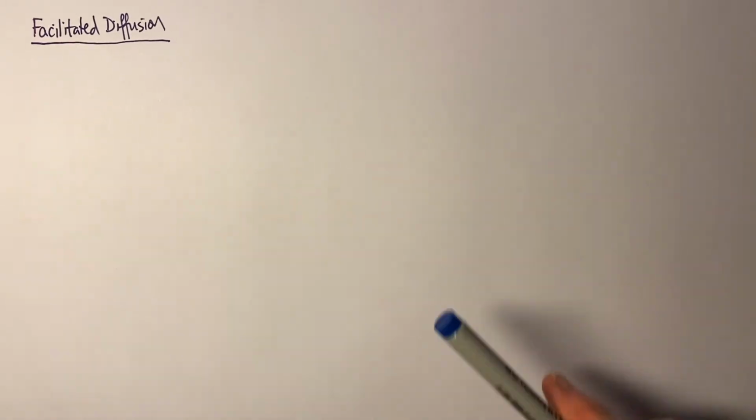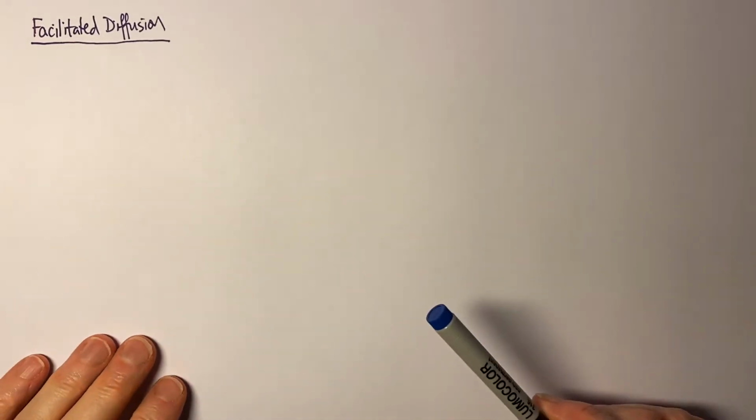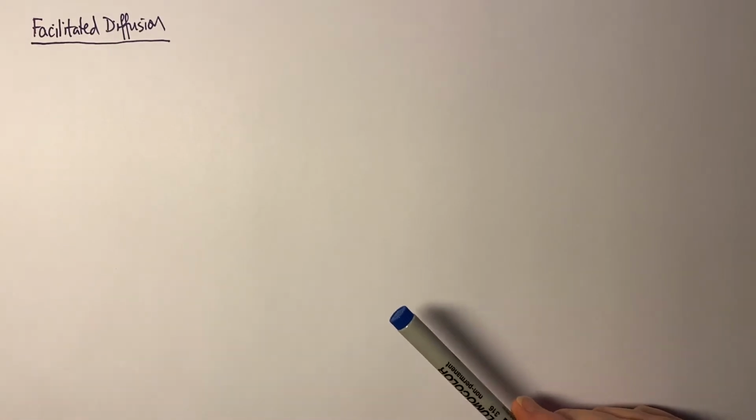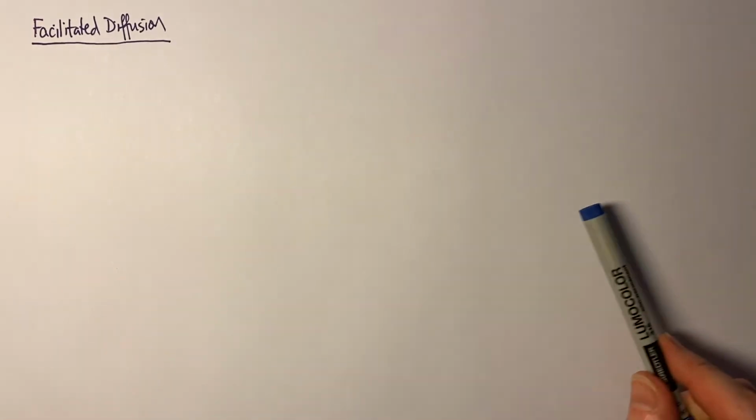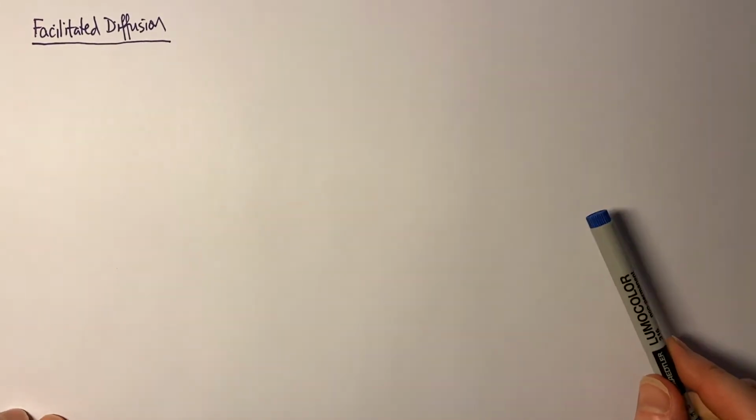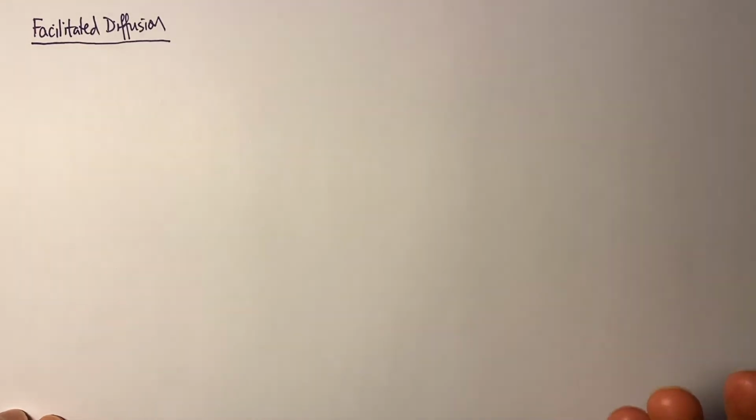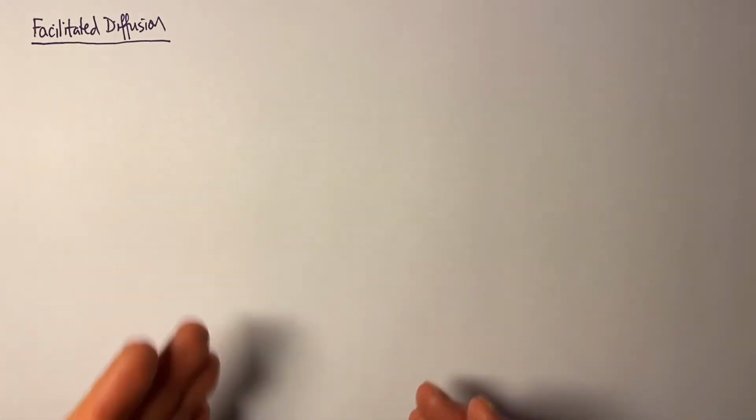So previously we've talked about diffusion, and diffusion is a net movement of molecules from a high concentration to a low concentration. However, if there is a membrane, as there are around the outside of cells, so the cell surface membrane, or membranes that make up mitochondria, endoplasmic reticulum, then these form barriers to some of these solutes, some of these substances that need to move across the membrane.